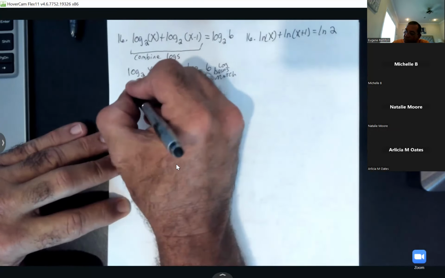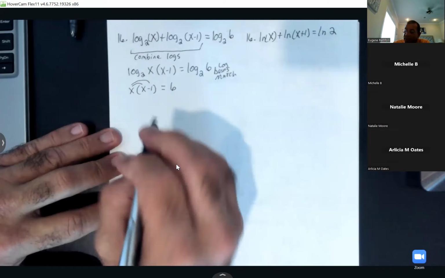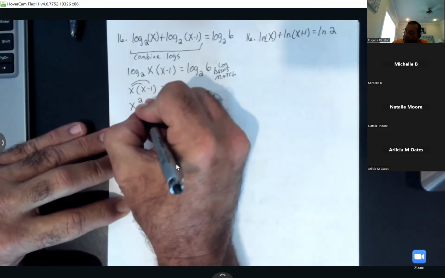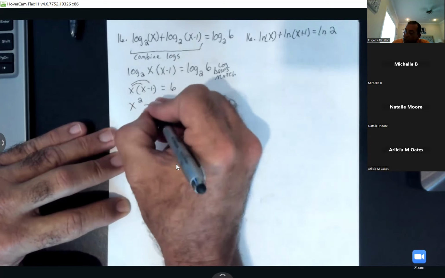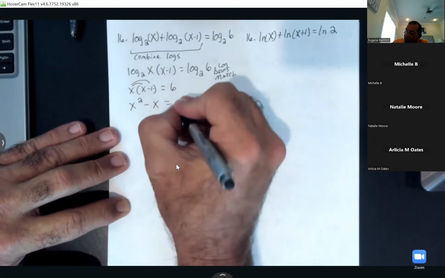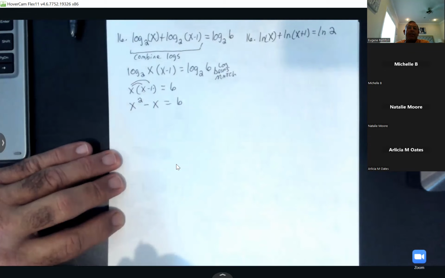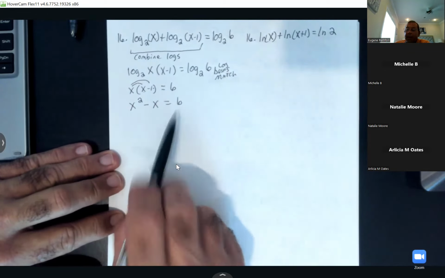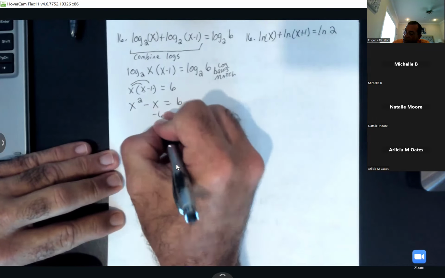So to solve this, we're going to distribute our x first. We get x times x is x squared, minus x times 1 is x. All that's going to equal 6. At this point, we want a 0 over here, so subtract 6 from both sides.